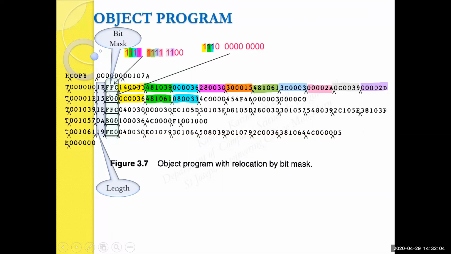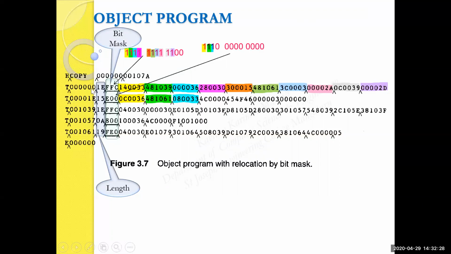For the first text record, the bit mask is FFC and the corresponding relocation bits are 1111 followed by 1111 and 1100. Initially we begin with the first instruction, that is 140033. This is loaded into the memory at the specified address plus the program address.